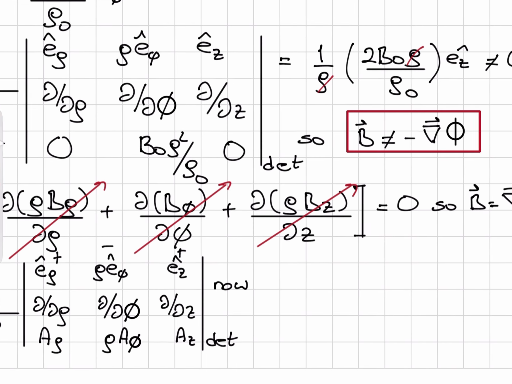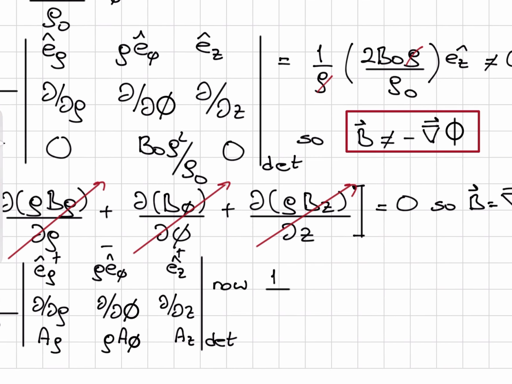So this is going to give me 1 over rho times del A z del rho, minus del z of A rho, but there is a minus sign in the determinant, so let's just do the second one first.